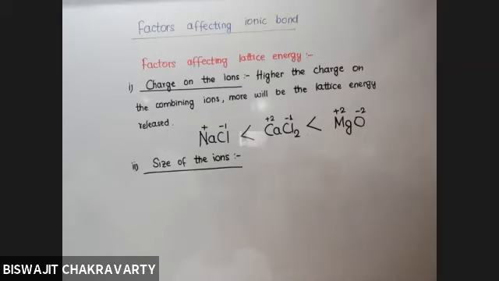As the size of the cation keeps on increasing, its effective nuclear charge keeps on decreasing. That is why smaller the size, higher is the force of attraction. And higher the force of attraction, greater will be the lattice energy released.